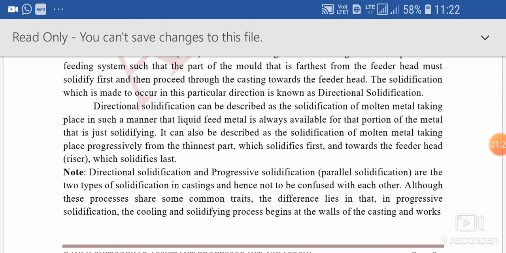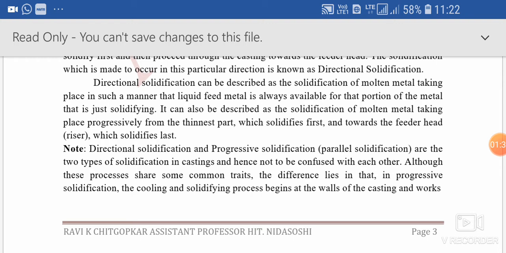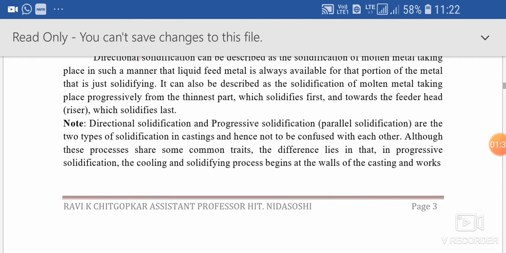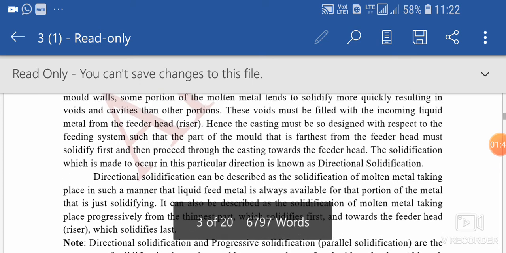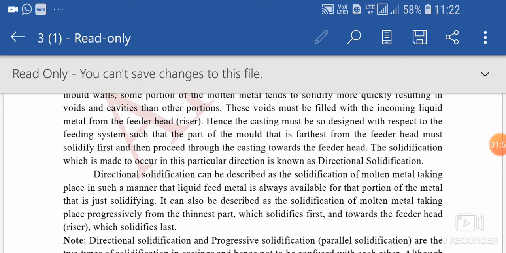So, directional solidification can be described as a solidification of molten metal taking place in such a manner that the liquid feed metal is always available for the portion of the metal that is just solidifying.